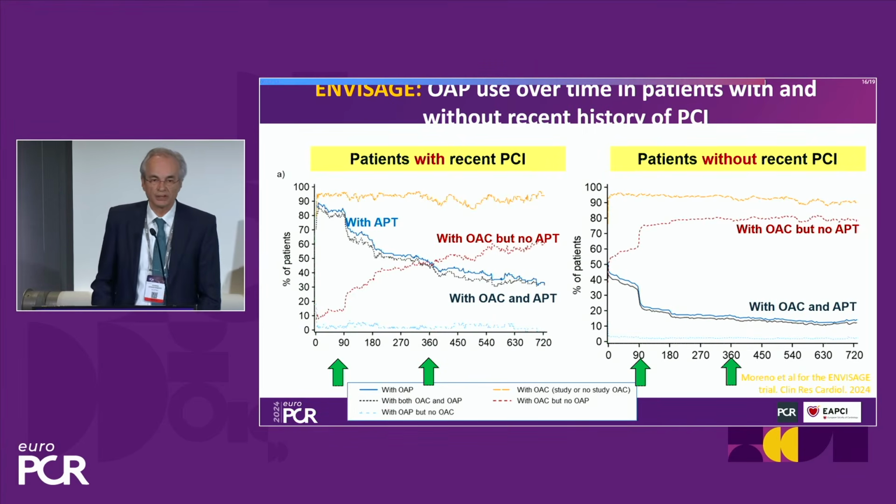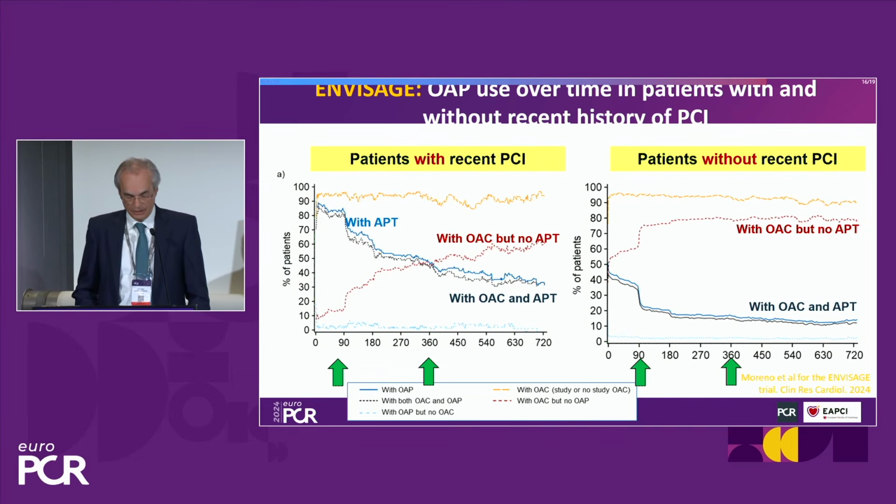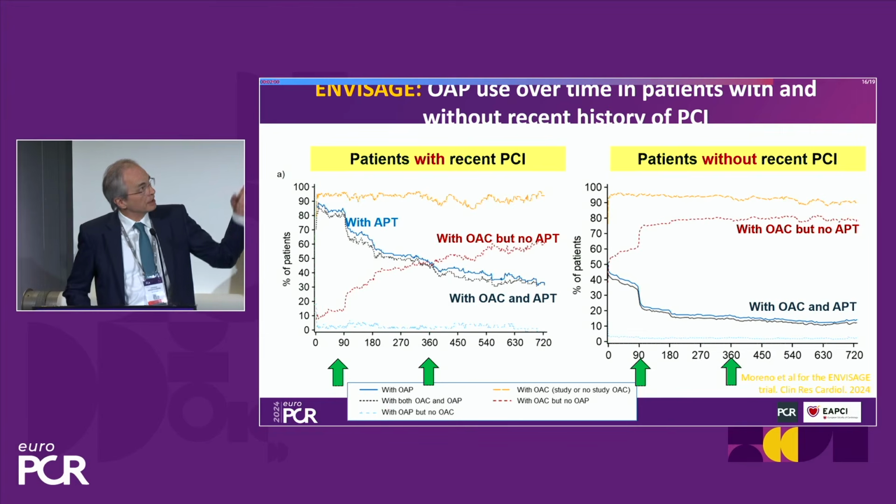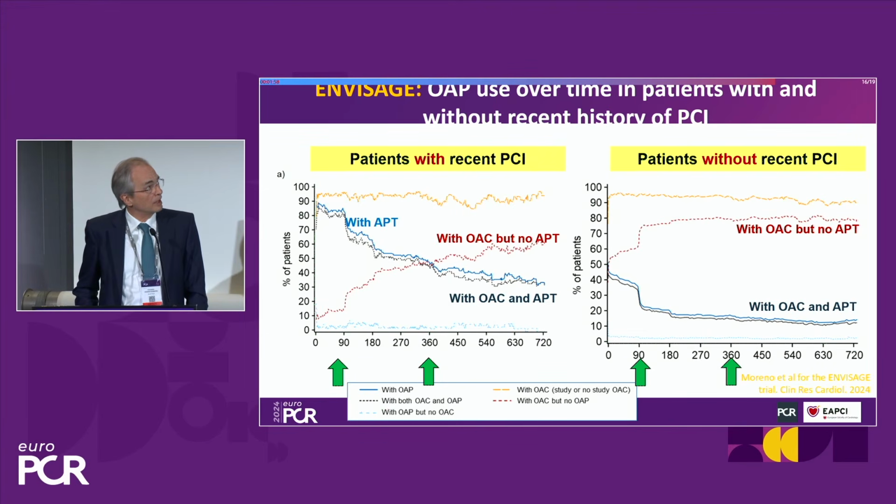If you look now at the adherence of these patients and the anticoagulation, you see something that we all see on the right-hand side: in patients after recent PCI, after 90 days there is a drop in patients who have this antiplatelet therapy.